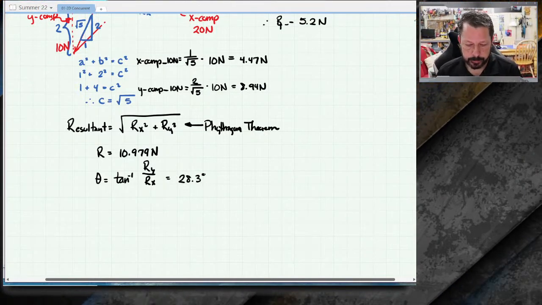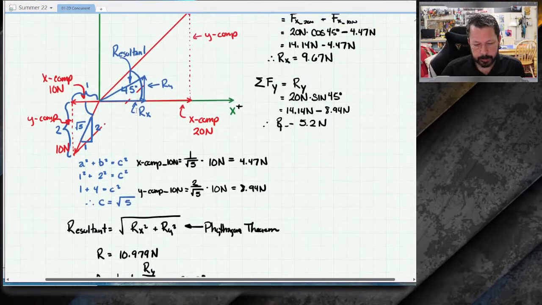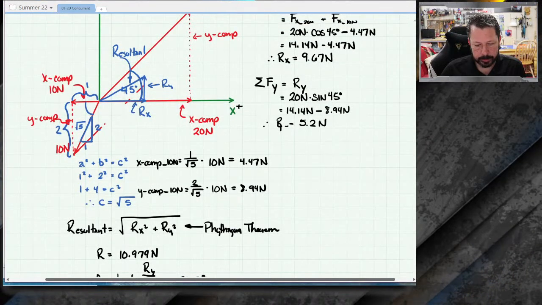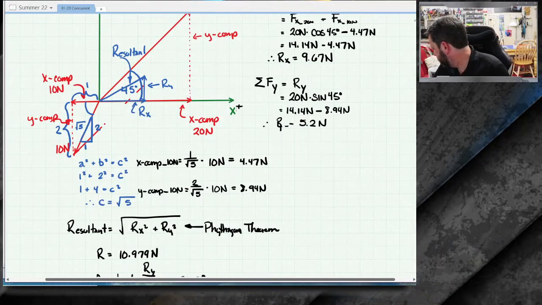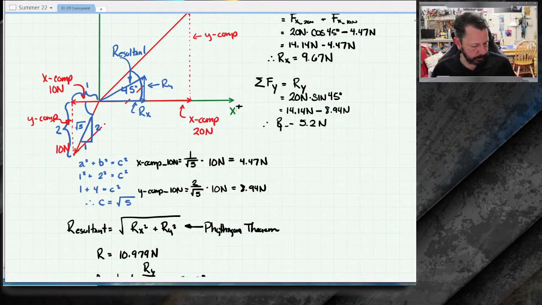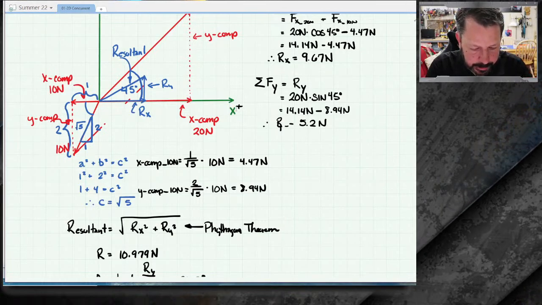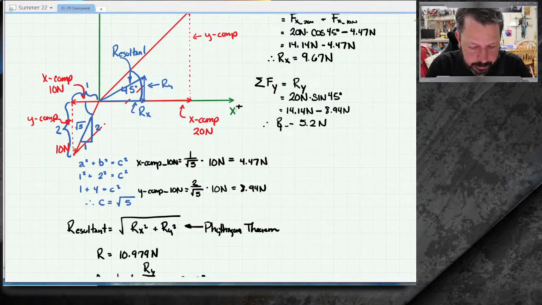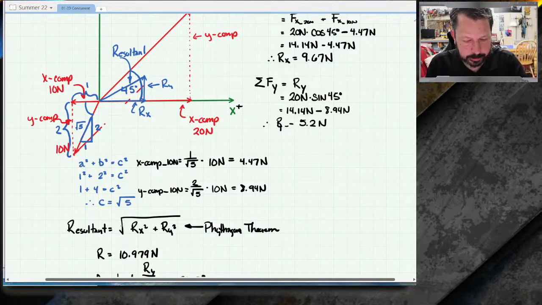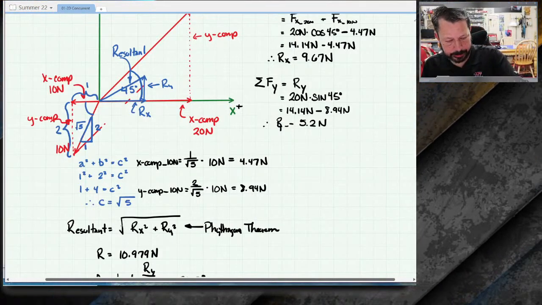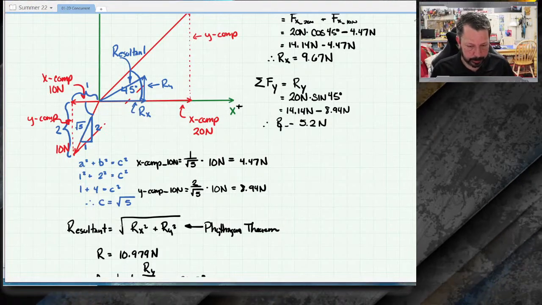And it is kind of like what I drew right here. If I were to measure that with my protractor, I don't know where I set it. Oh, here it is. If I were to measure that, yeah, that actually came out pretty close. The resultant on the protractor is measuring like 29 degrees. So we're pretty close.